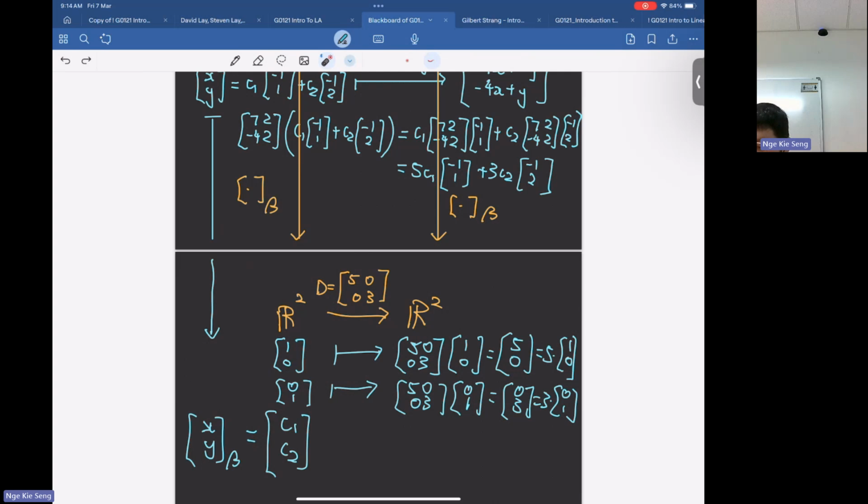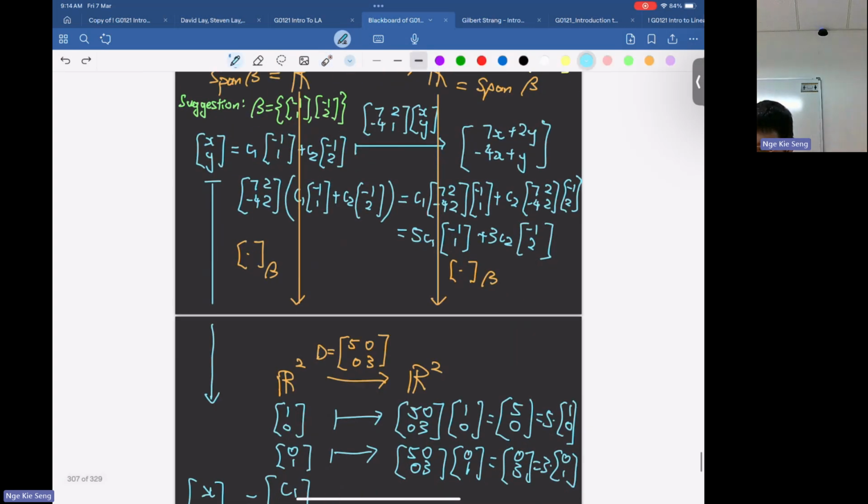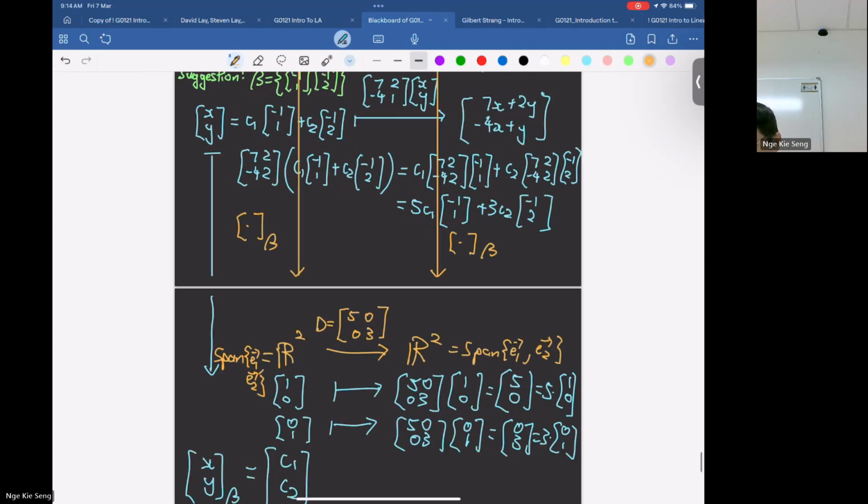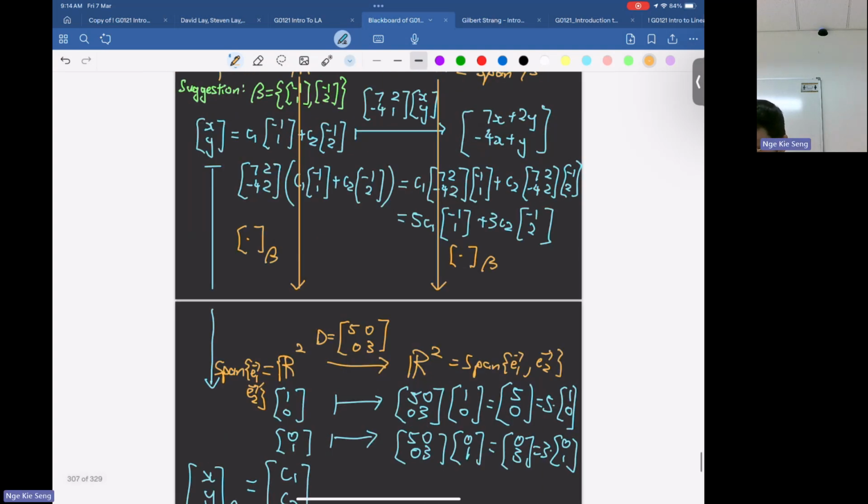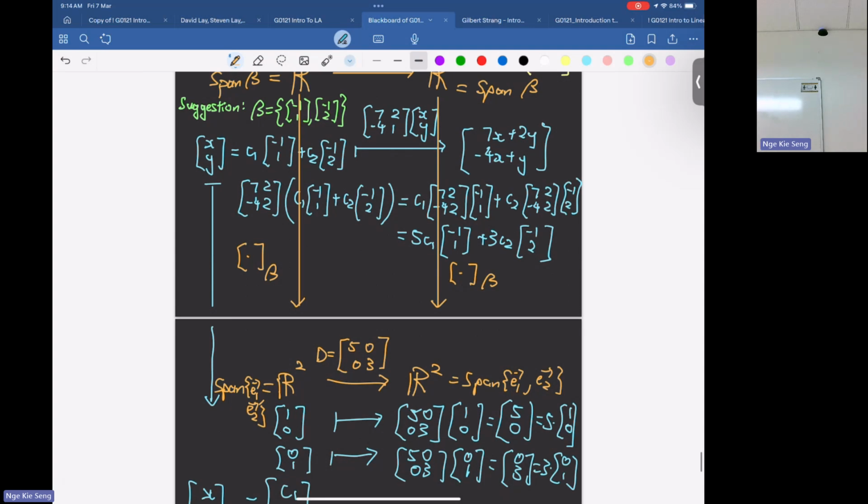Let's say we pick this span. This R2 is the span of these standard basis vectors. You can see what happens if we set this R2 with basis E1 and E2.